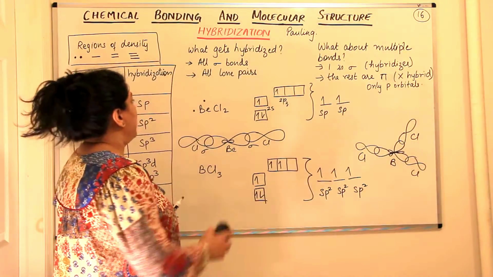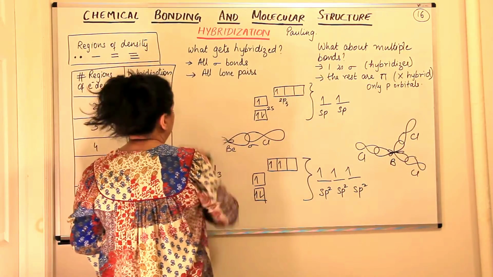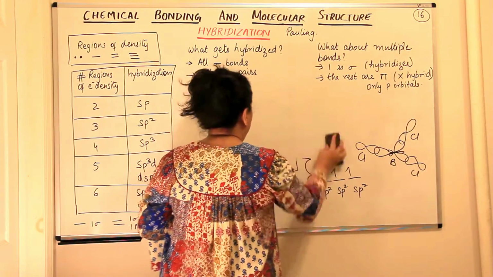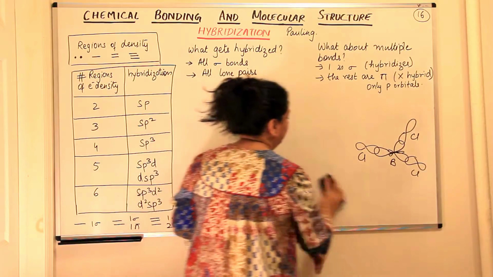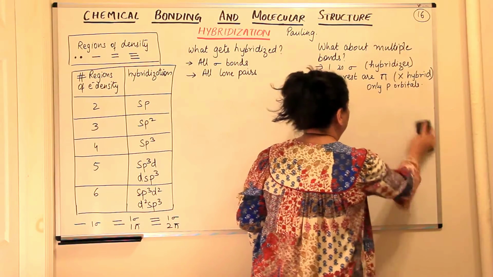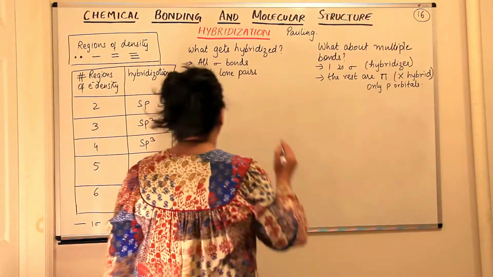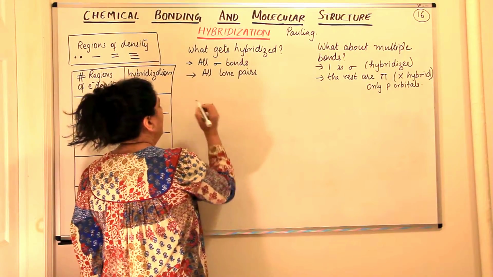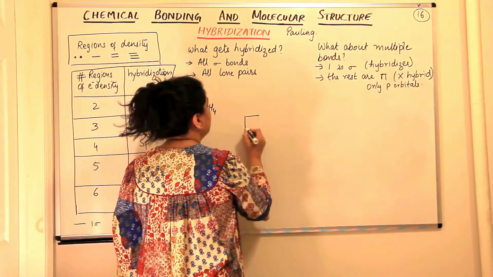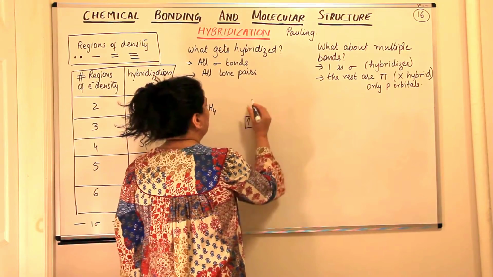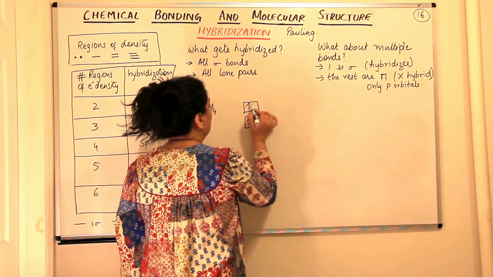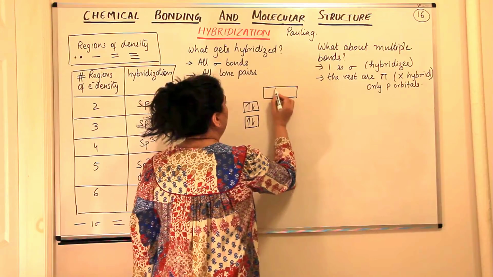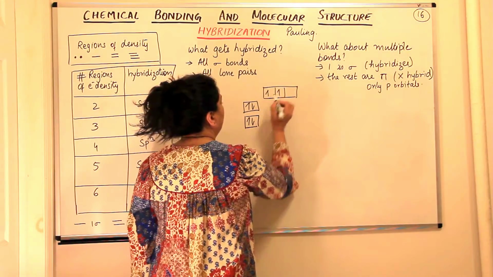So let us take another example now. After BeCl2 and BCl3, let us now take an example like methane. Now carbon in methane, CH4, carbon is the 6th element, electronic configuration 1s2, 2s2, so that makes it 4, and 2p has 2 electrons, right?